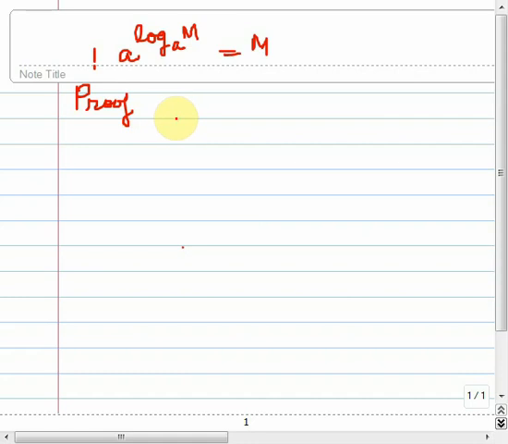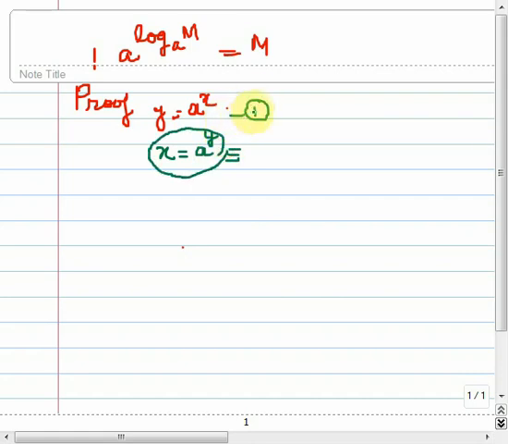Suppose our function given is a to the power x. This is an exponential function. Y is equal to a to the power x. Now to find the inverse of this exponential function, we have to change the positions of x and y. So the inverse of this function will look like this. Now we have to solve this equation to find the inverse of equation number 1.